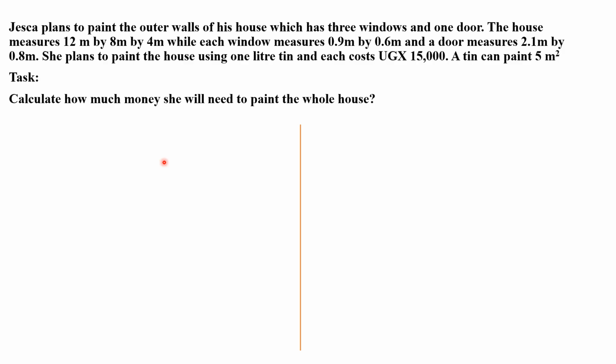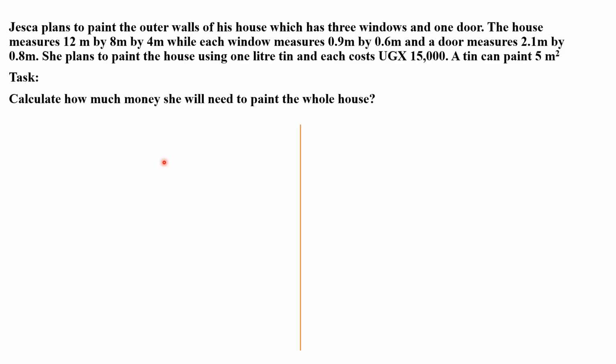So as you intend to find the area, you have to find the area of those walls, then the area for the doors and the windows. The space covered by the windows and the doors shouldn't be part of the painting surface.